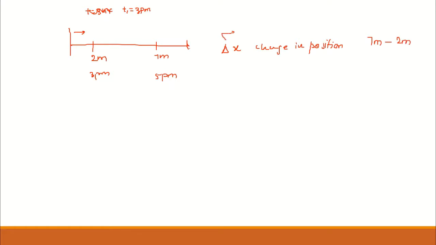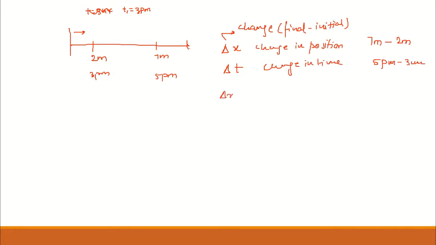The change is always calculated with the help of final minus initial, and the change in time, if we find, will also be final minus initial.